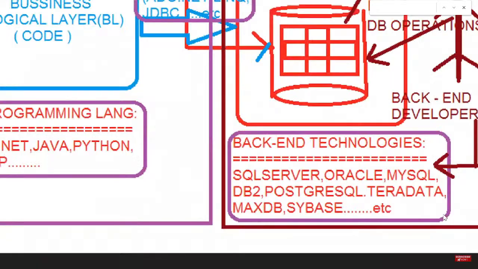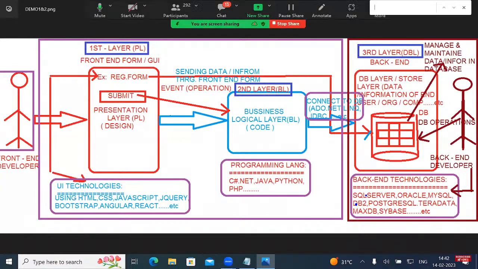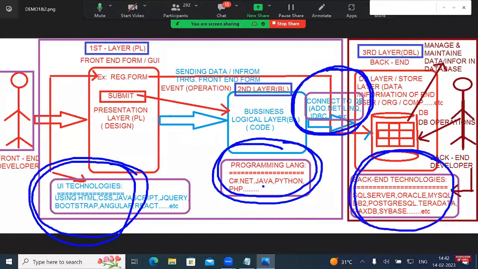Now this is the complete picture of front end and back end people. Suppose you want to become a front end programmer. What knowledge do you require? First, you should have a good knowledge of UI. Then you need one programming language as per your technology, a good knowledge of database connectivity, and a good knowledge of one database tool.